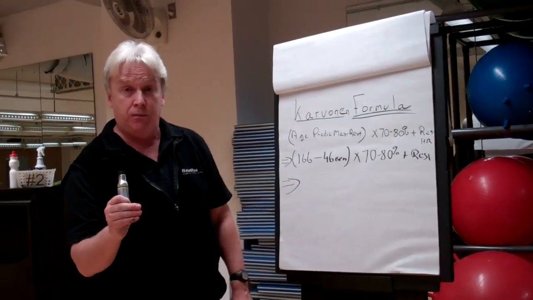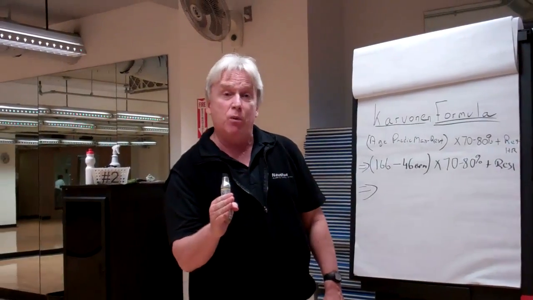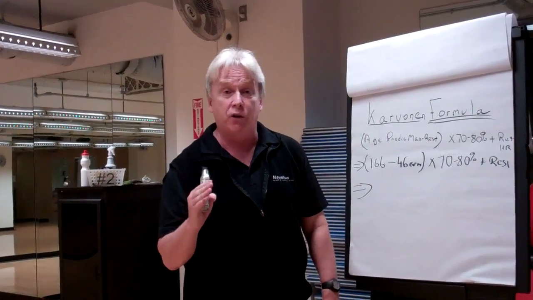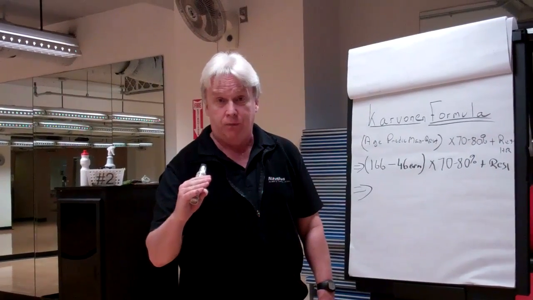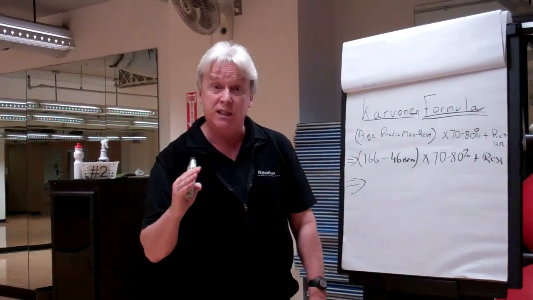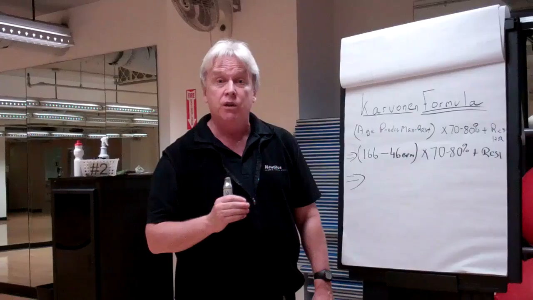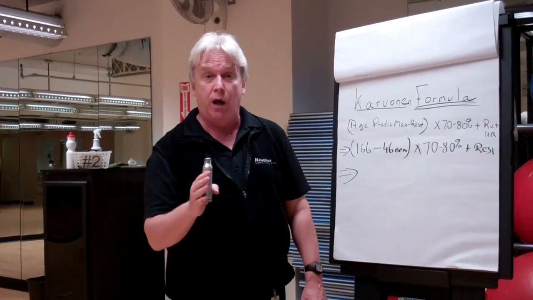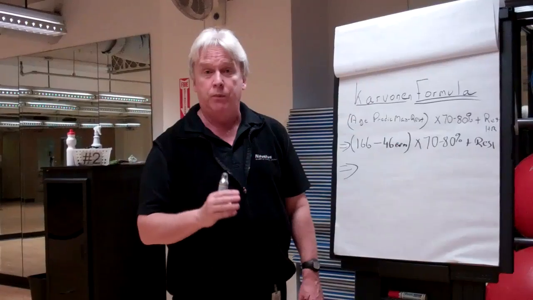Now, the average resting heart rate for a human being is 60 to 72 beats. Again, you'll find nearly all of you are lower than that. My resting heart rate is about 46 beats, as we saw during that presentation. Arbin's and George's are also very low, 48, 50 if I recall.